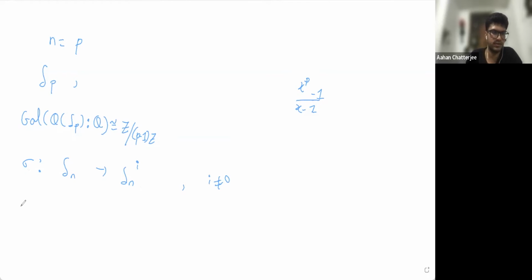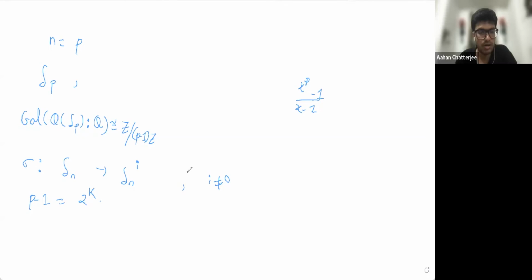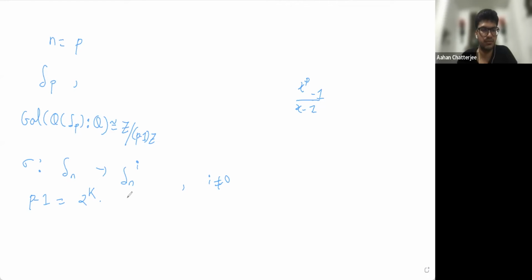Okay. So now in this case we have that p minus 1 is a power of 2, and so basically this is the Fermat primes thing, right? Yeah, because k also needs to be a power of 2.